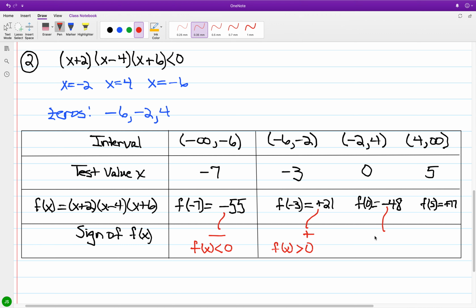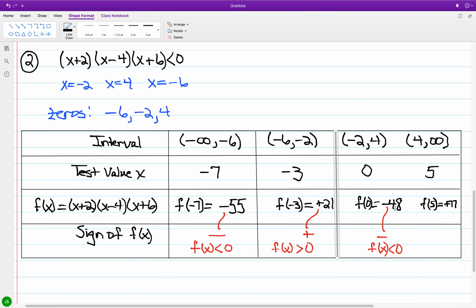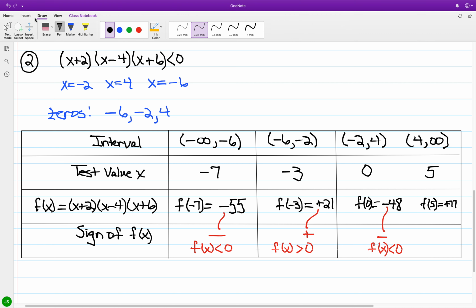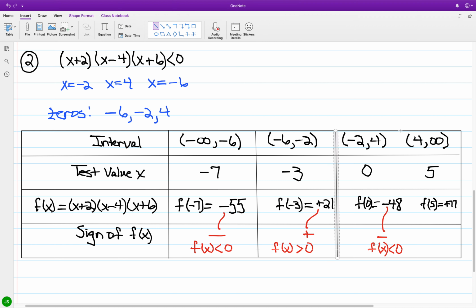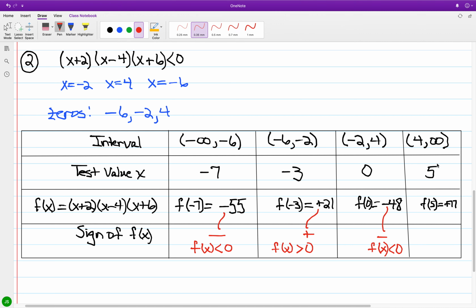Next, we have a negative sign, so f of x is less than 0. And for the last interval, anything that we plug in greater than 4, the output is going to be positive, so f of x is greater than 0.